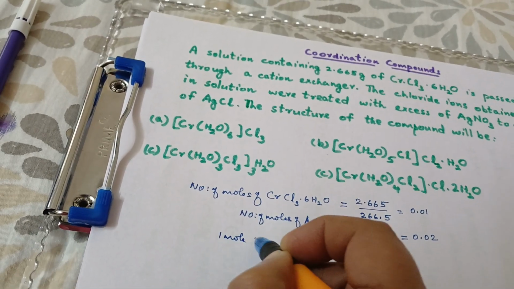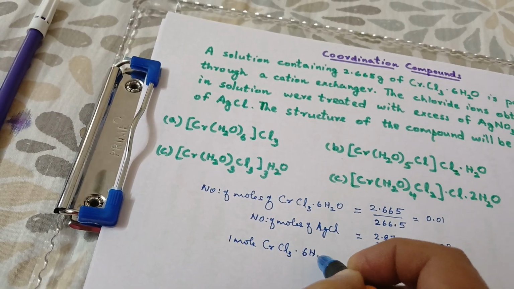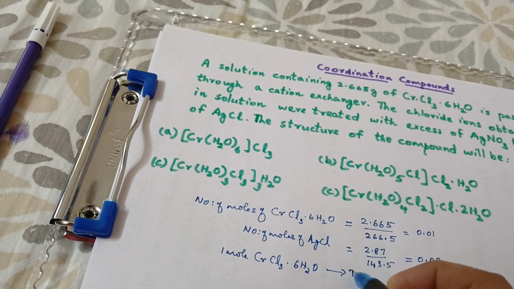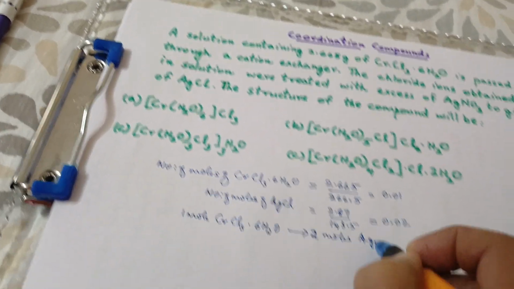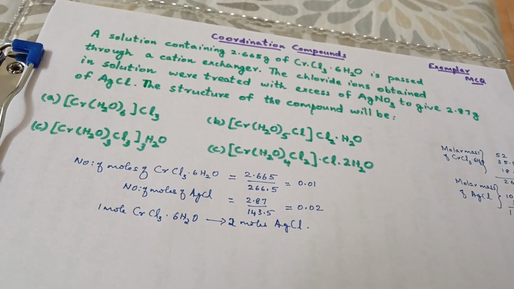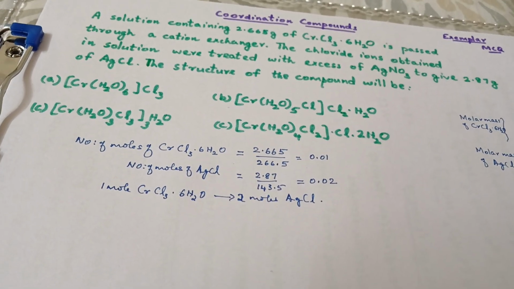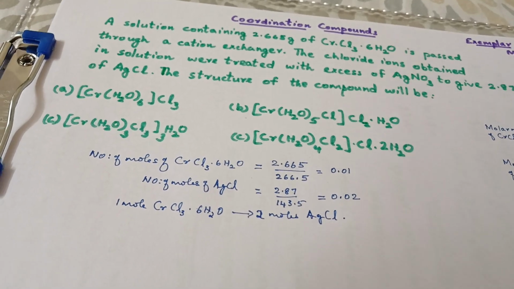1 mole of CrCl3.6H2O is giving 2 moles of AgCl. Now, 1 mole of chloride ions should react with 1 mole of AgNO3 to produce 1 mole of AgCl.